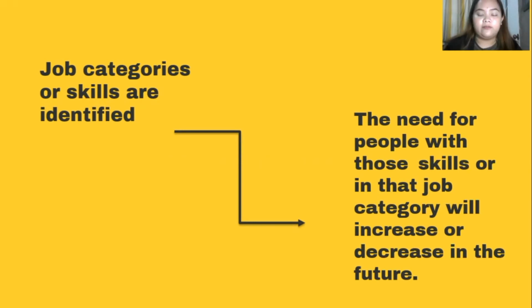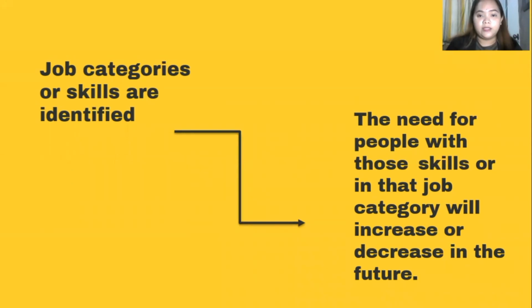For example, if the demand for an organization's output increases, the demand for labor will also increase. In order to meet that, you need to increase the labor, so you will demand more labor so that you will meet those outputs. So that is the importance of determining the labor demand.